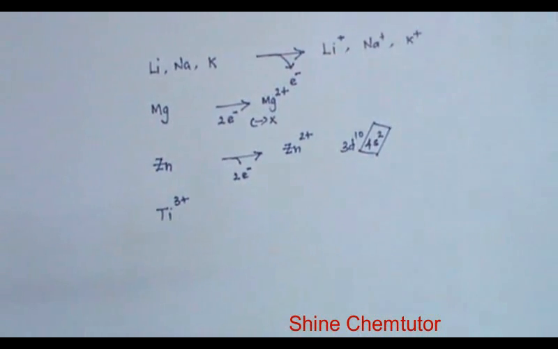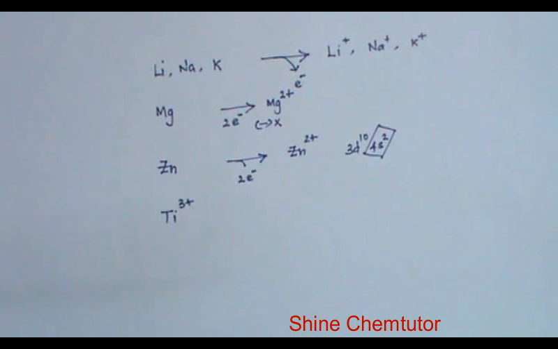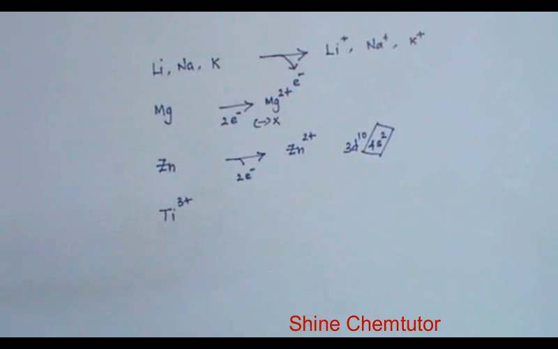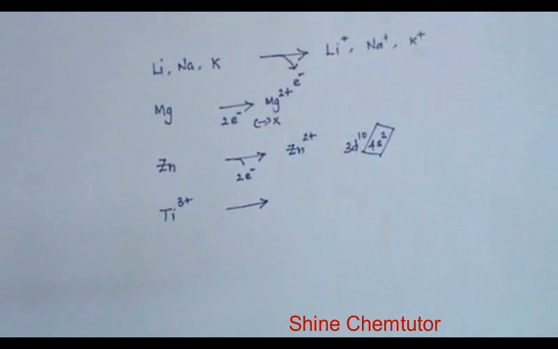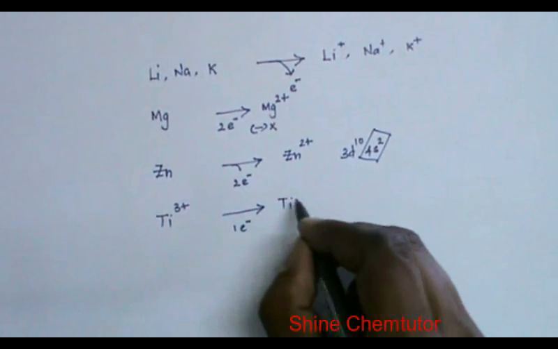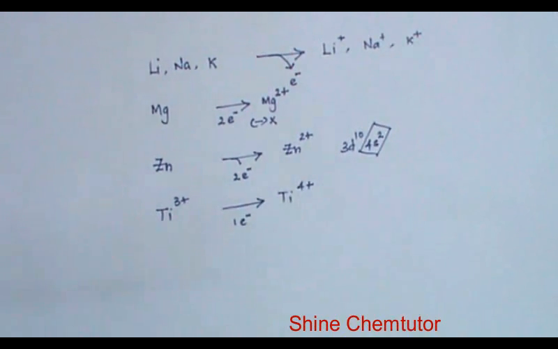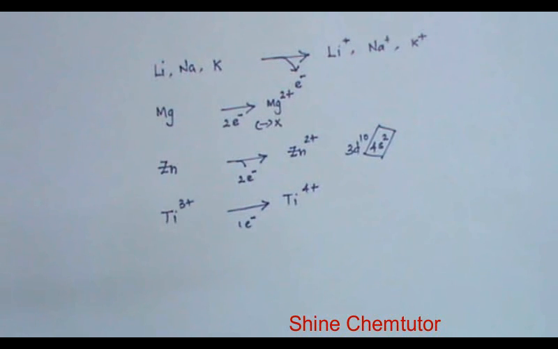As such, if you go for titanium metal, it will have 4 electrons in the outermost shell. But if you go for titanium 3+, it will have only 1 electron in the outermost shell. By losing that, it will become titanium 4+. So these are some of the most common metals which readily give a single electron.